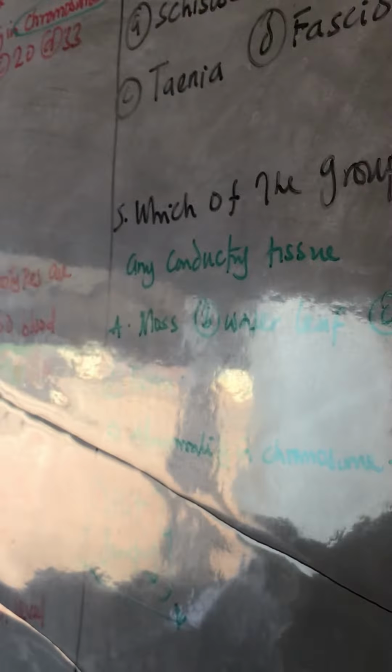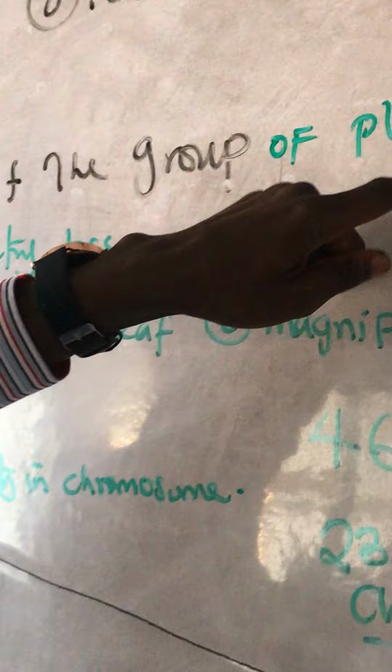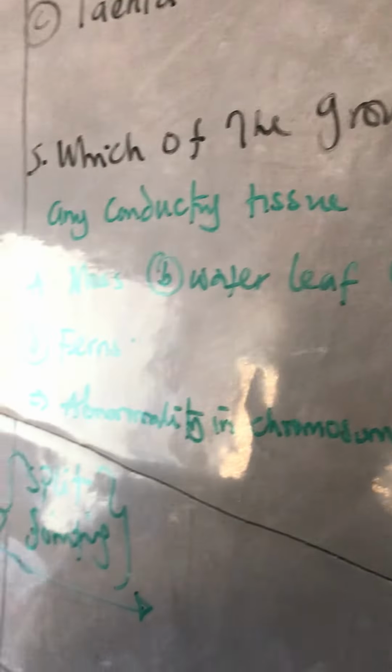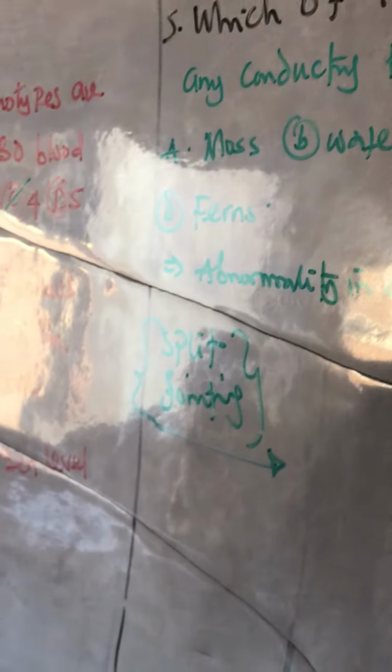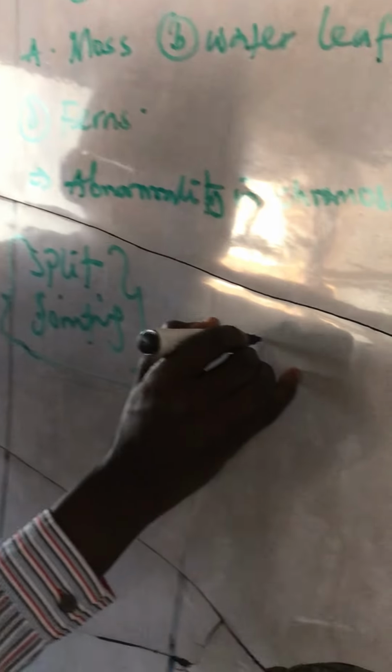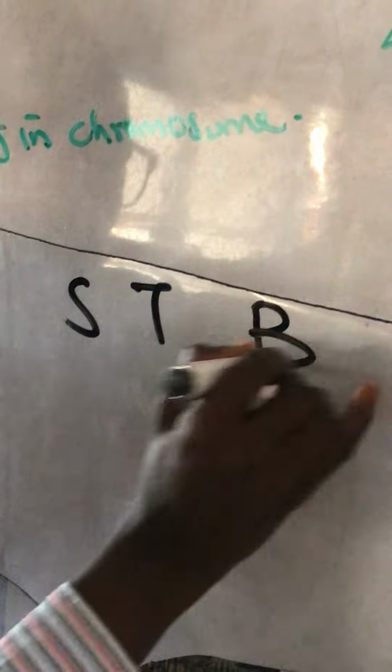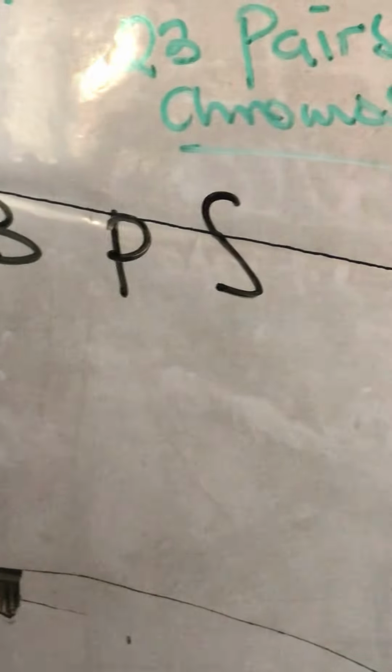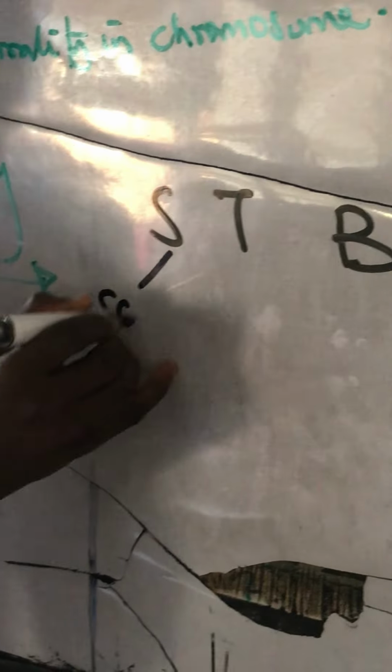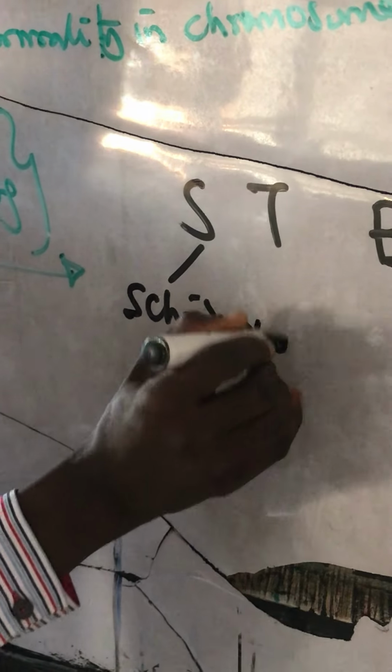Now, the last question: which of the following groups of plants lack any conducting tissue? Now, let's come to this. Let's say Shakiro, the biologist, planted sugarcane. What is this Shakiro here? We have it as the Schizophyta.